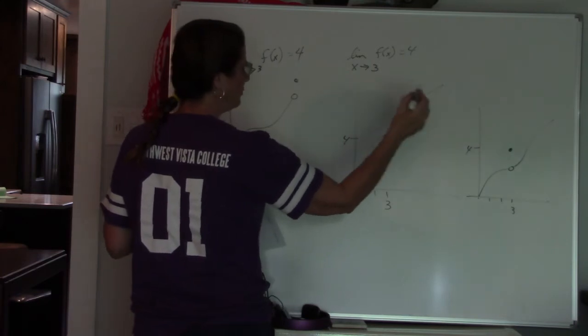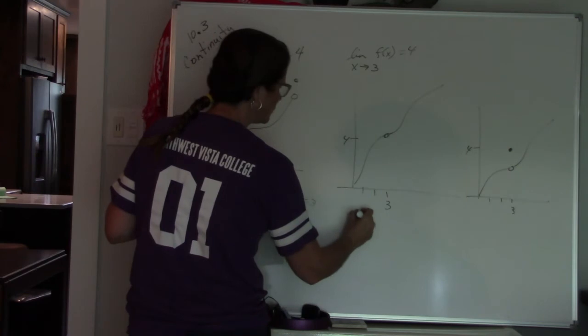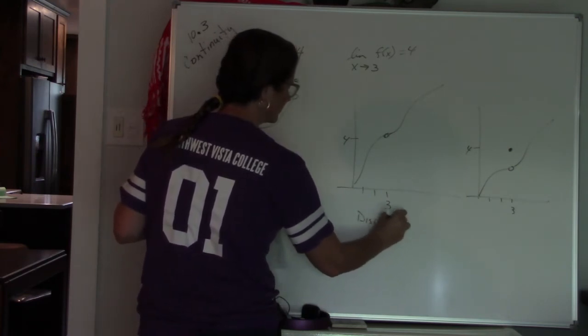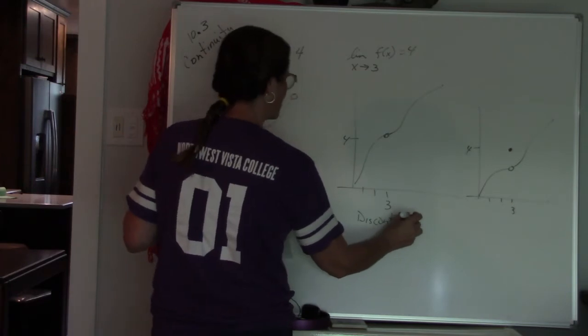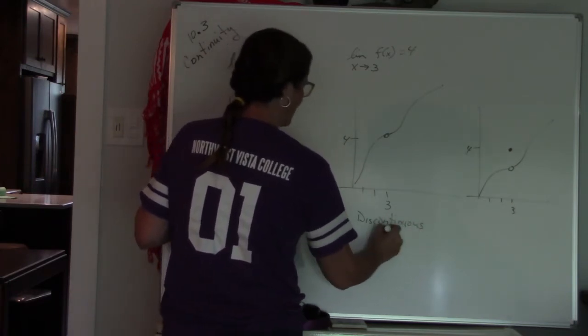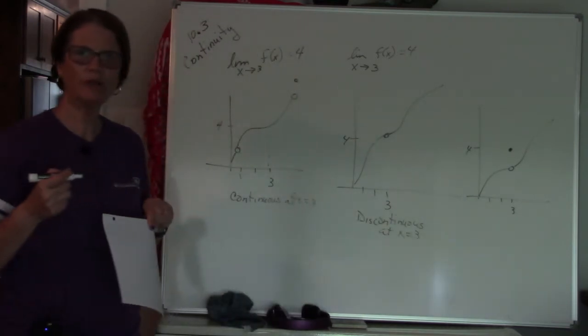I have to lift my pencil off the board and then continue. So this is what's called discontinuous at x equals 3, because there's a hole there.